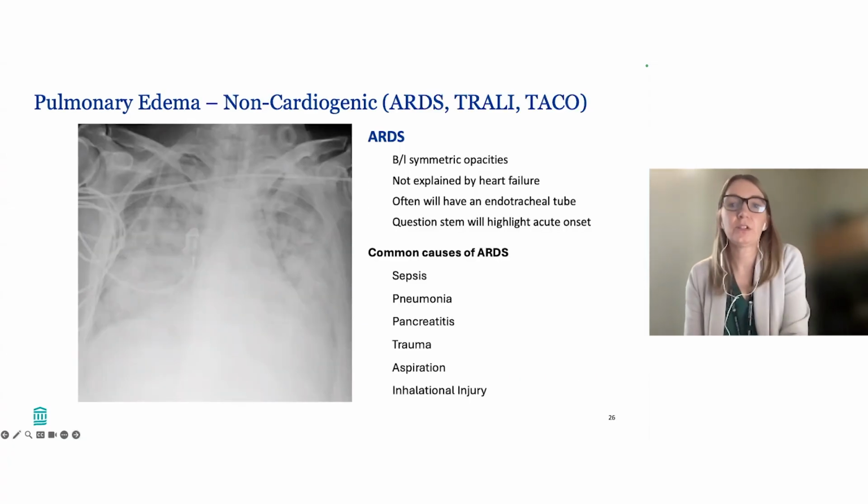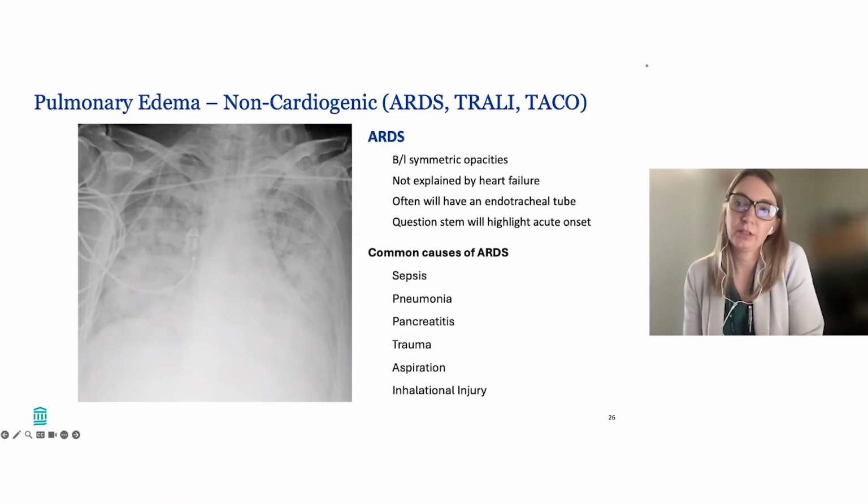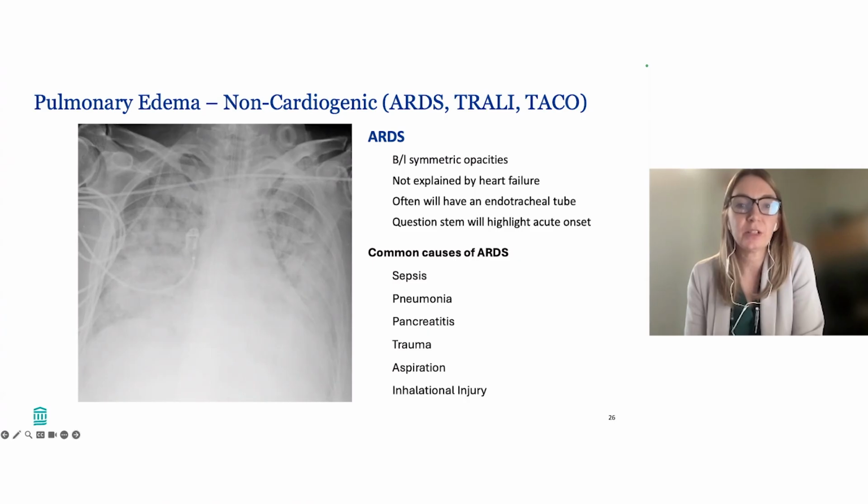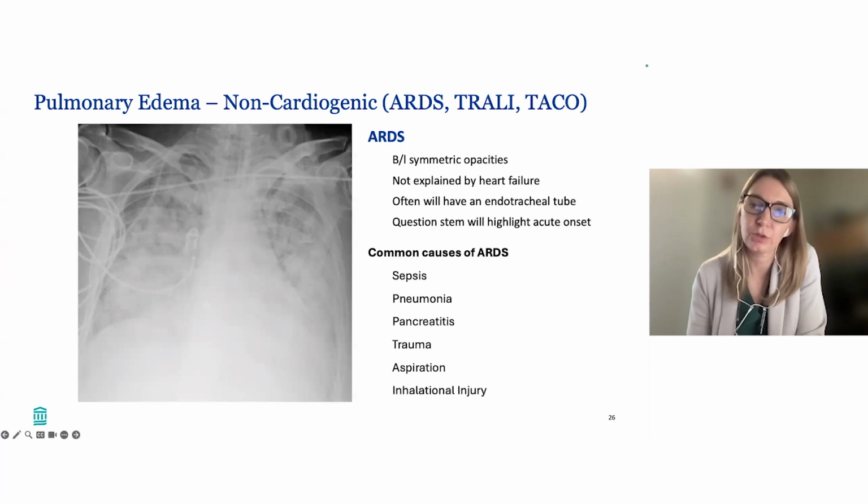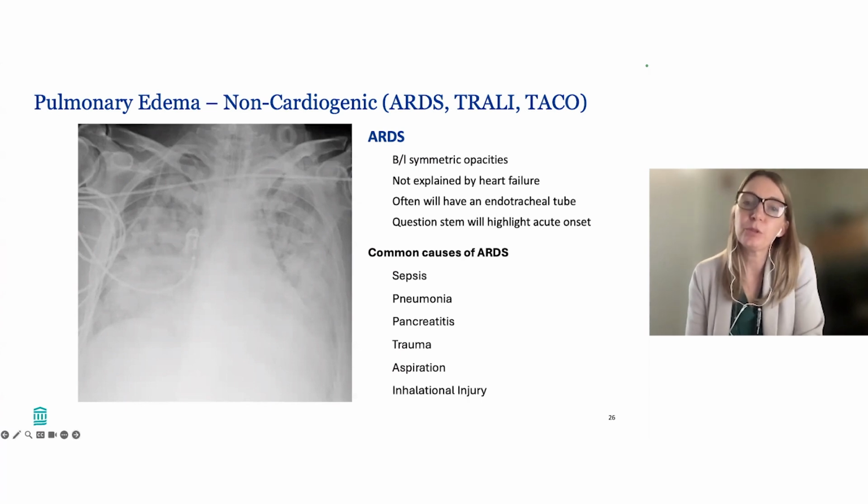In addition to cardiogenic pulmonary edema, we have non-cardiogenic pulmonary edema. Notable etiologies of non-cardiogenic pulmonary edema include ARDS, TRALI, transfusion-related acute lung injury, or TACO, transfusion-associated circulatory overload. The most notable cause of non-cardiogenic pulmonary edema is ARDS. ARDS appears on chest x-ray as symmetric bilateral opacities not fully explained by cardiac dysfunction.